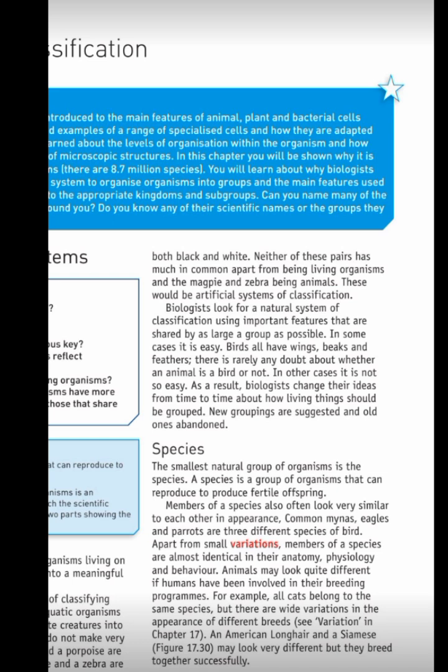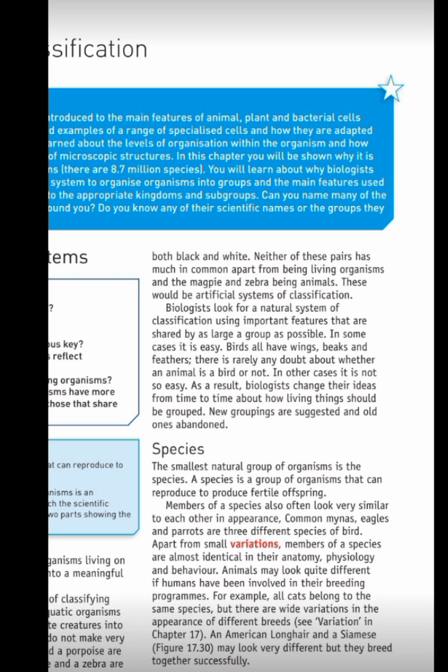Sometimes members of the same species show small differences. These differences are called variations. Like all cats belong to the same species, but different breeds like Siamese and Persian look different. Still, they can breed together successfully, so they belong to the same species. If we are talking about their appearance, these look apparently different, but they can produce fertile offspring.